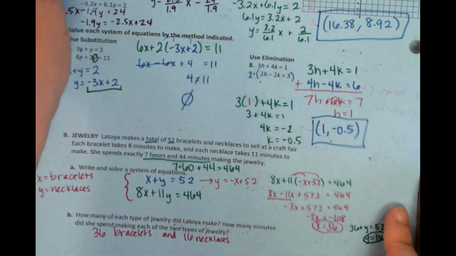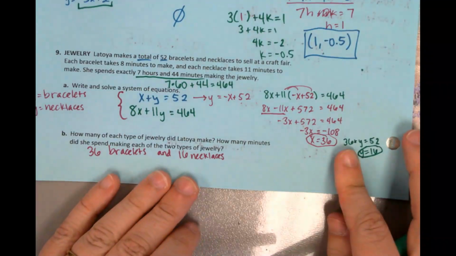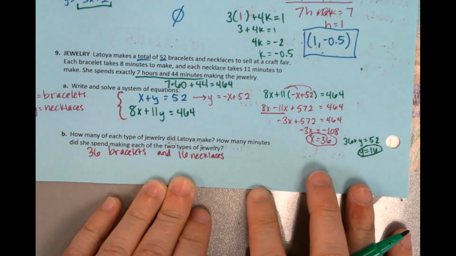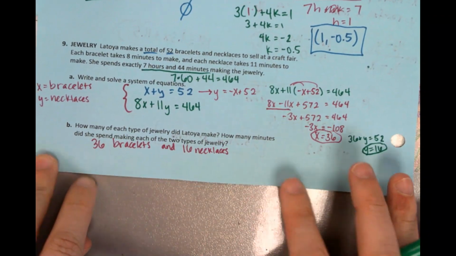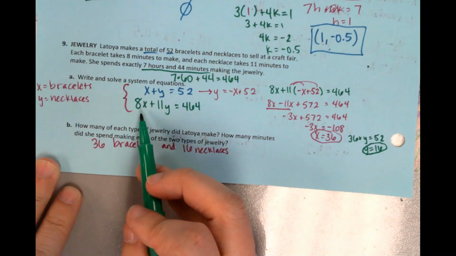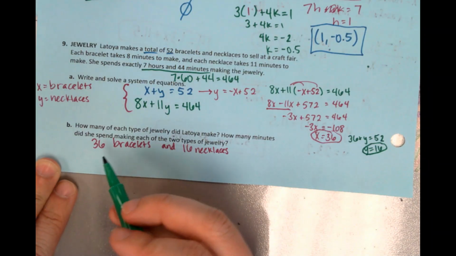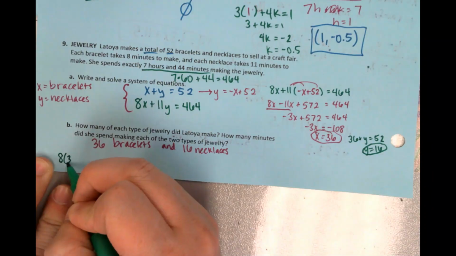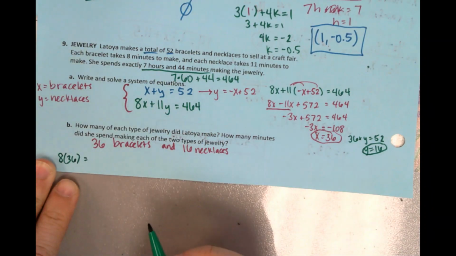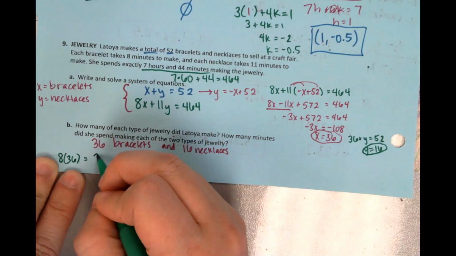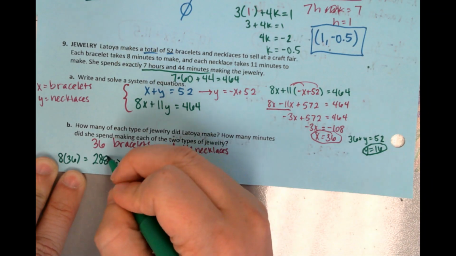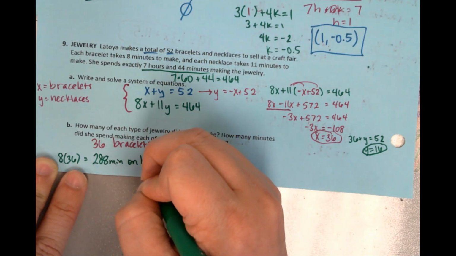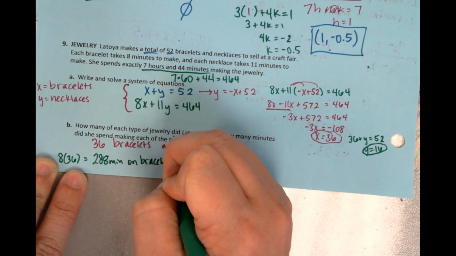How much time, how many minutes did she spend making each of the 2 types of jewelry? This is where we need a little bit more math. We had 8 minutes per bracelet, and there were 36 bracelets. So 8 times 36. She spent 288 minutes on bracelets.